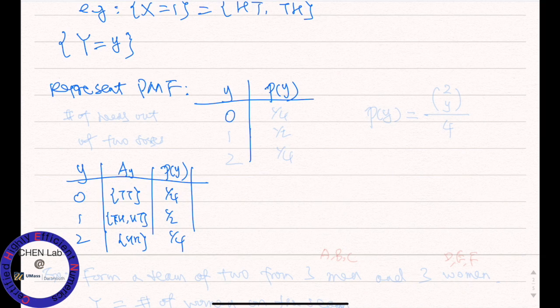Your possible values are 0, 1, 2. You make a table to list them. So for the number of heads out of two tosses, this is going to be 1 over 4, 1 over 2, 1 over 4.